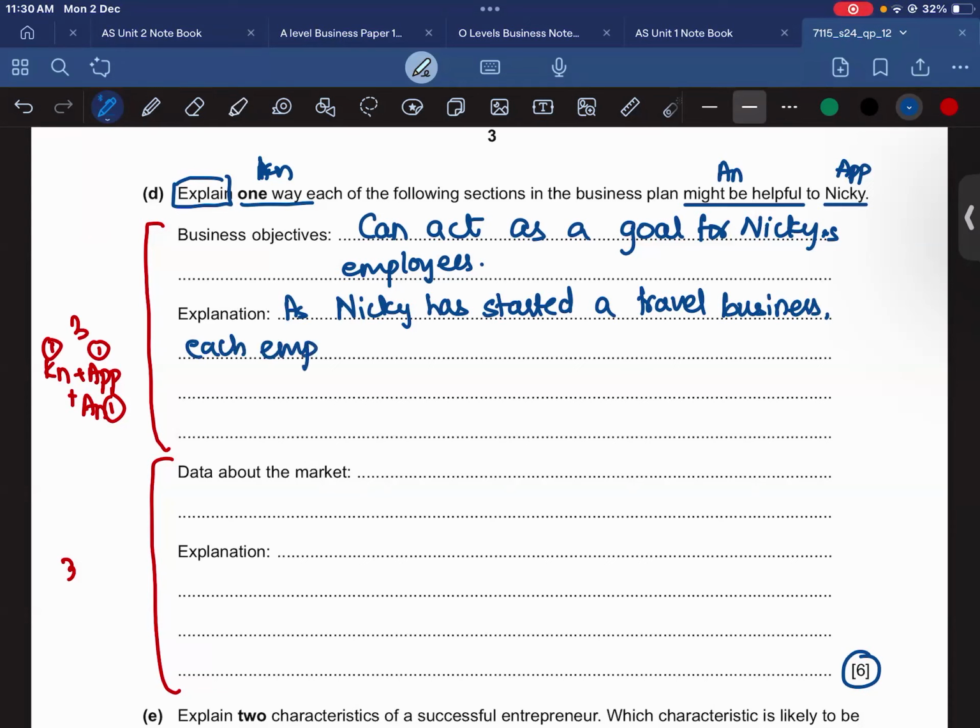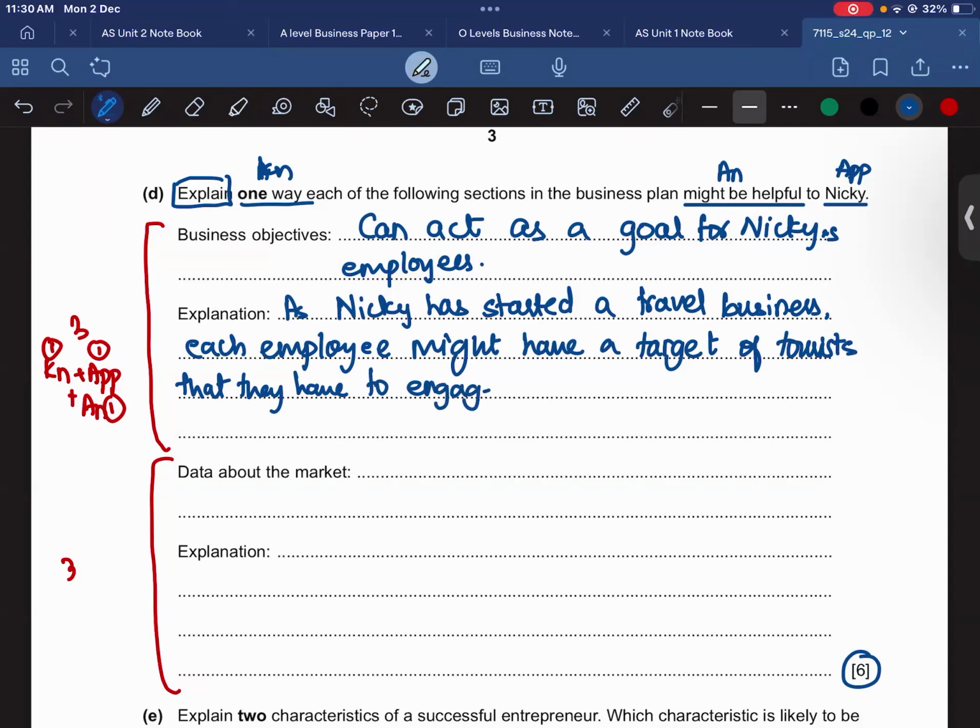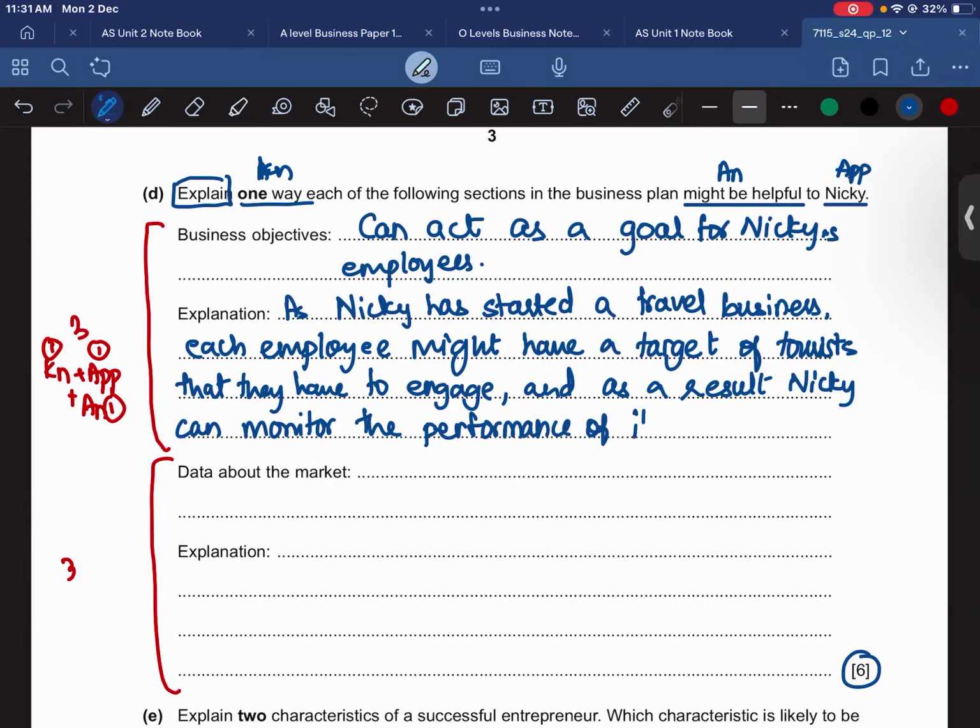Each employee might have a target of tourists that they have to engage, and as a result, Nikki can monitor the performance of its workers.